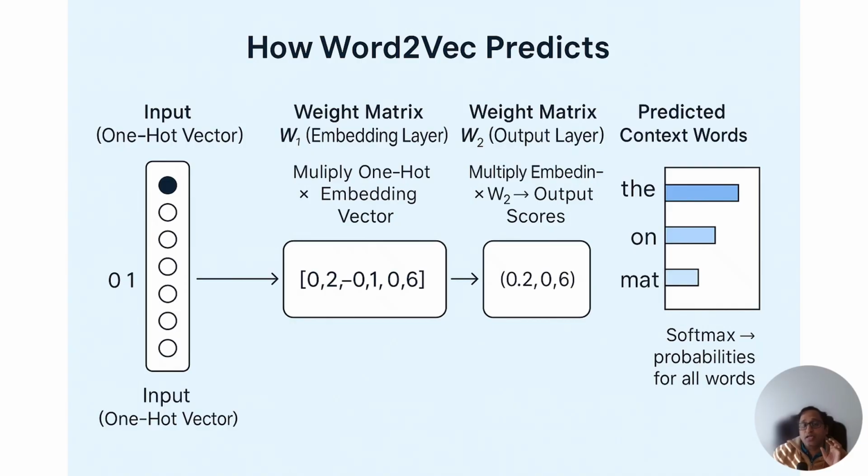This tells us how likely each word is to appear near cat. At this stage, the model is just predicting. It hasn't learned yet. The real learning begins when we compare these predictions with the true context words and adjust the weights. That's what we'll explore next in the backward pass.